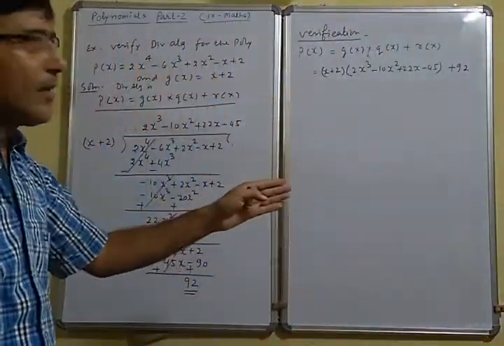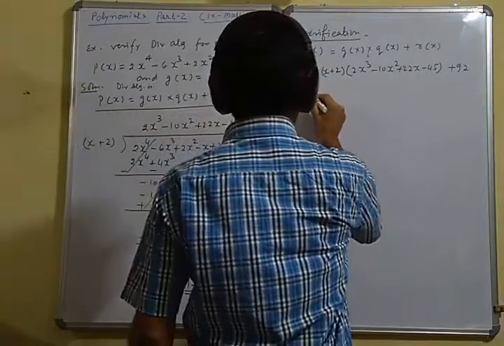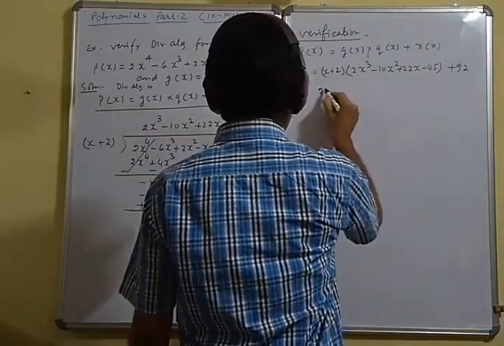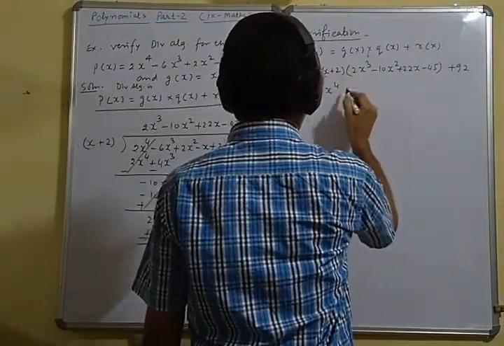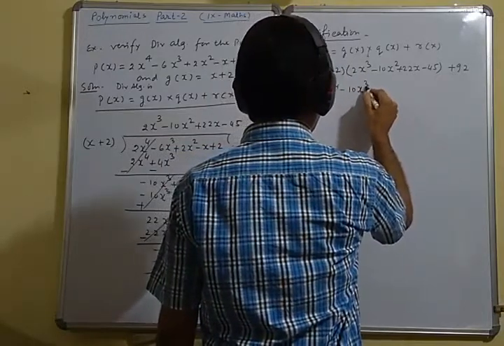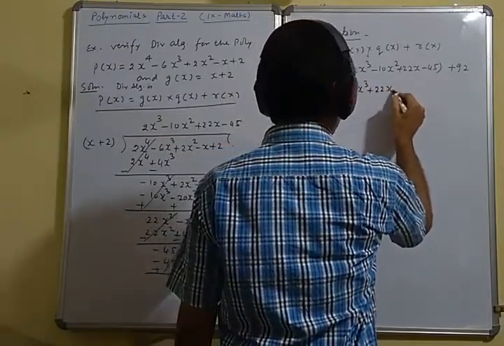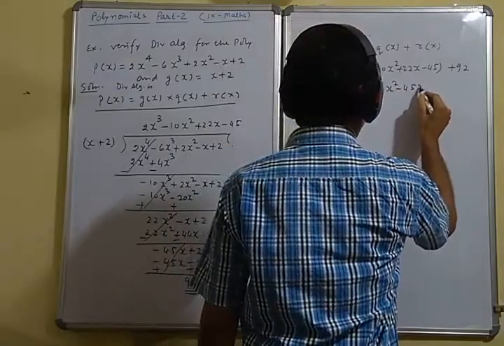Now simplify it. Multiplied by x, it becomes 2x raised to power 4 minus 10x cube plus 22x square minus 45x.